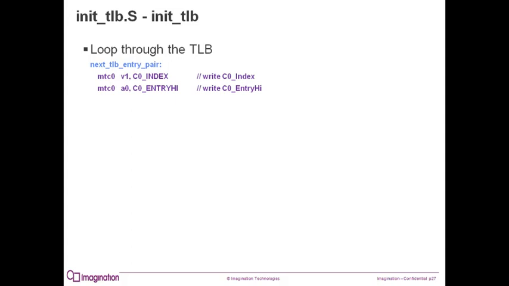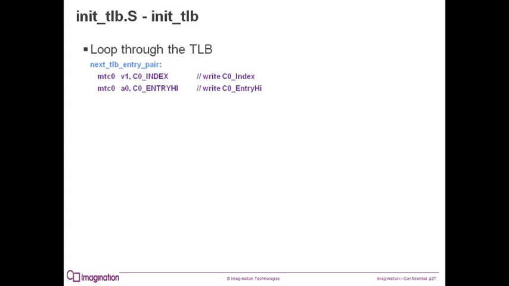We will use it here to decrement through the TLB entries from the highest to the lowest and to program the TLB index entry. The code uses the move to coprocessor 0 instruction to copy the contents of V1 into the coprocessor 0 register, which is the index register. The index is the TLB entry to be written.